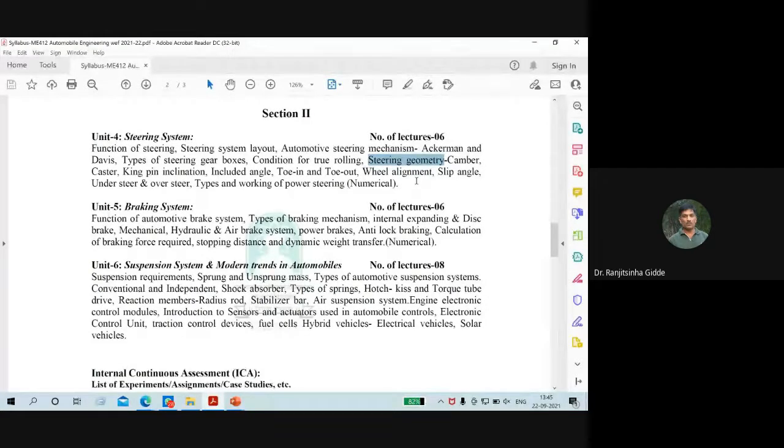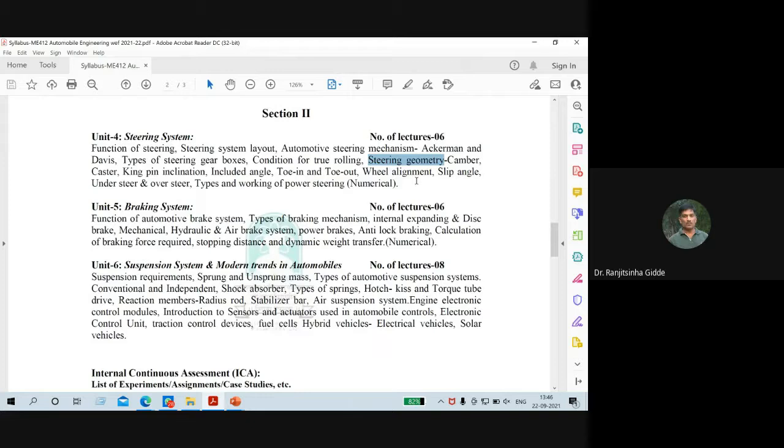Then types and working of power steering. There is one concept by means of which we can provide some help to the driver, so that we can have very less effort for steering.